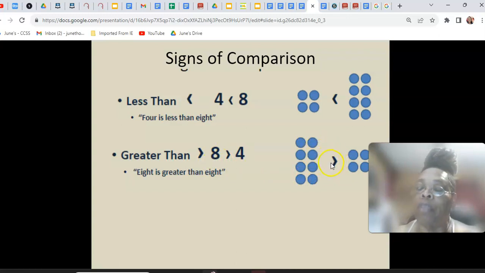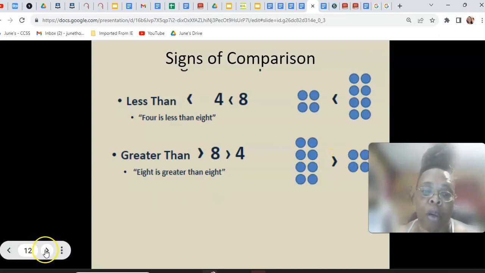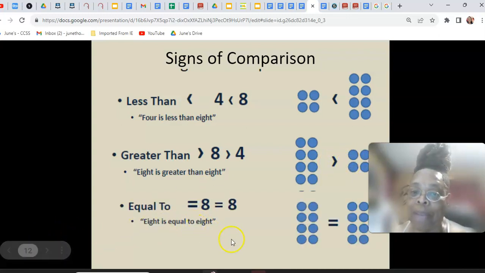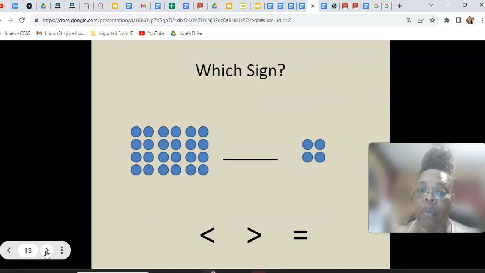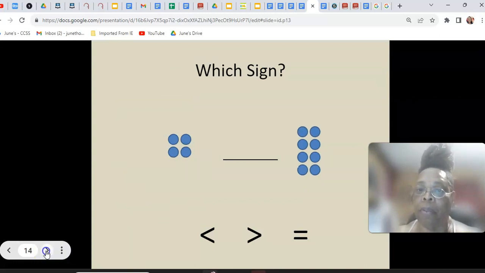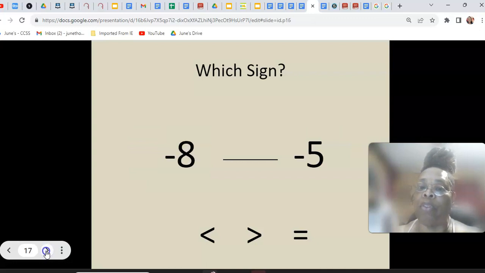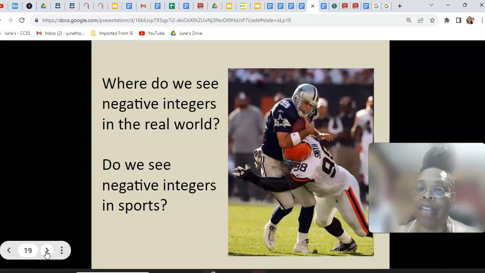So with 8, the mouth opens up to the larger, and points to the smaller. Alligator mouth is greedy, and of course we have the equal sign, they're the same. So we can find out which sign is greater than, which is equal to, and you'll be doing this next.